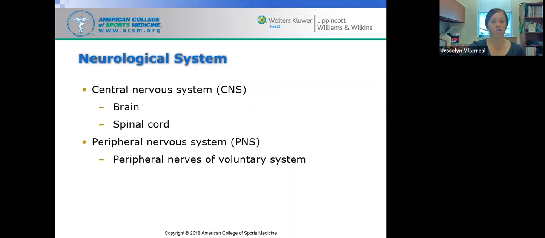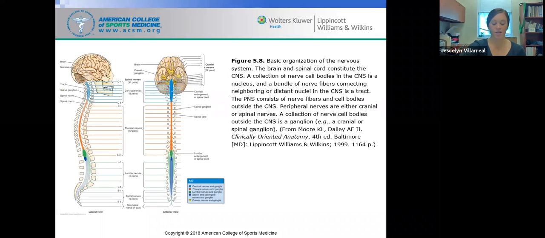And now back to the neurological system, the brain and the spinal cord. So the spinal cord helps control all of the peripheral internal organs. All muscular movement is controlled by the nervous system. So that means if everything is controlled by the nervous system, we have to understand neural control.